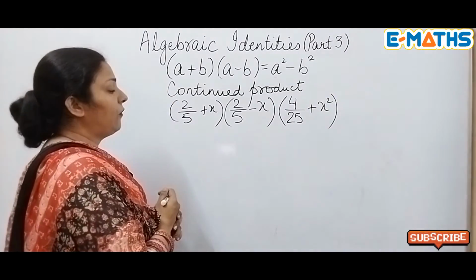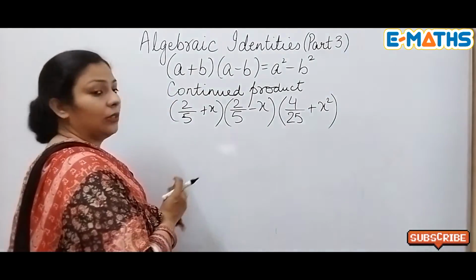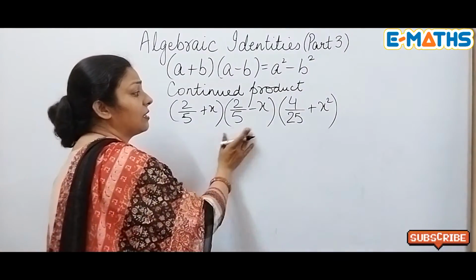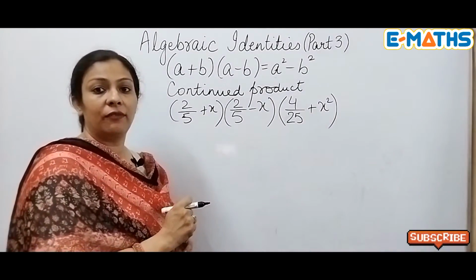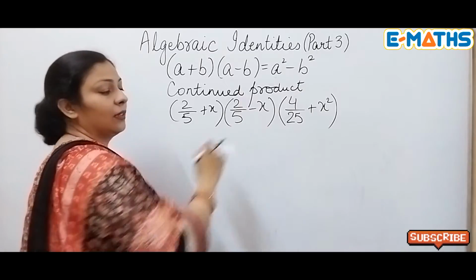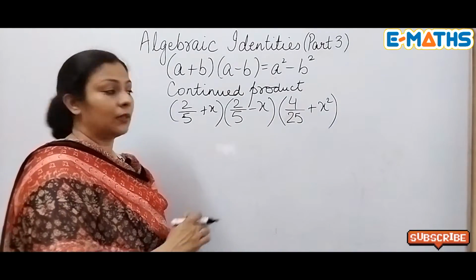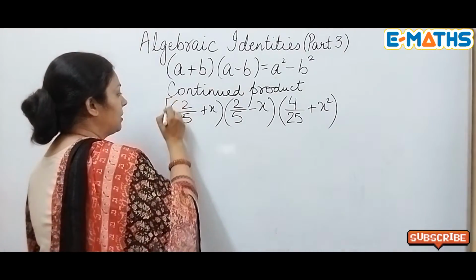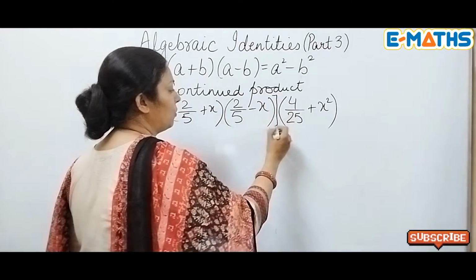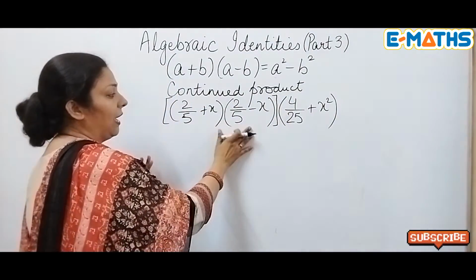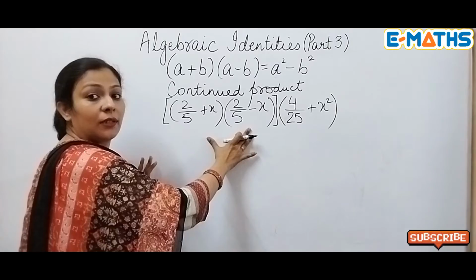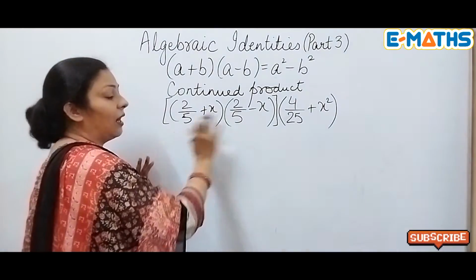Now, if you have to find the continued product, then your question is going to be in this format, where you will have 3 brackets. If you look at the first 2 brackets, they have the same terms but the signs are different.